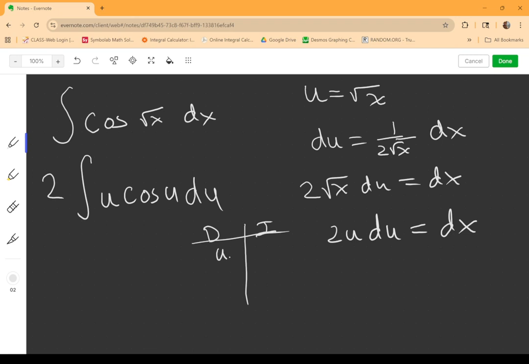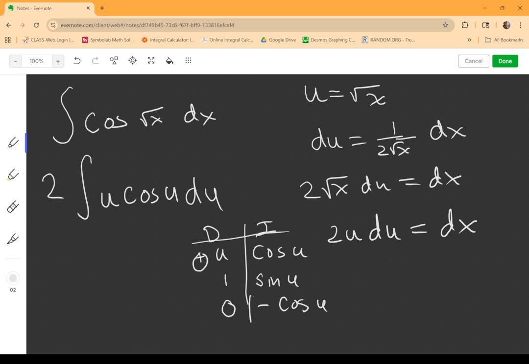My differentiation function is u, my integration function is cosine of u, so these are with respect to u. We get the derivative of u is 1, and the derivative of 1 is 0. Then here we get sine of u, and then negative cosine.